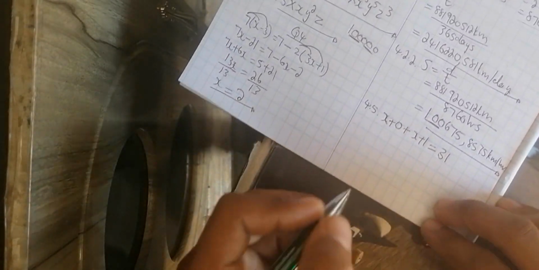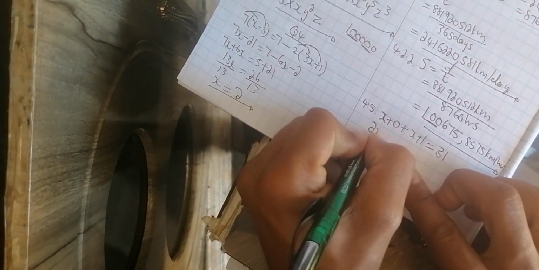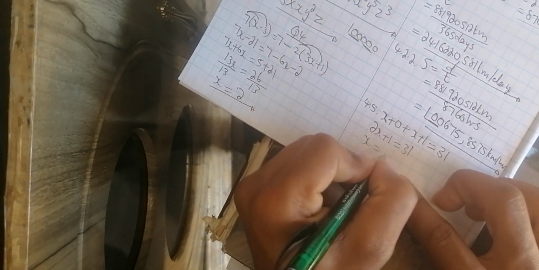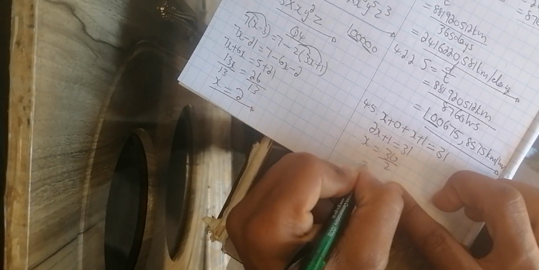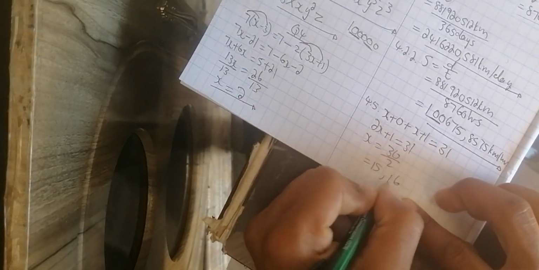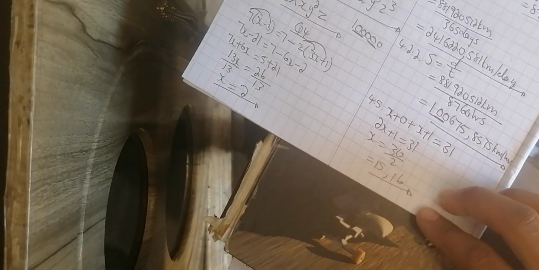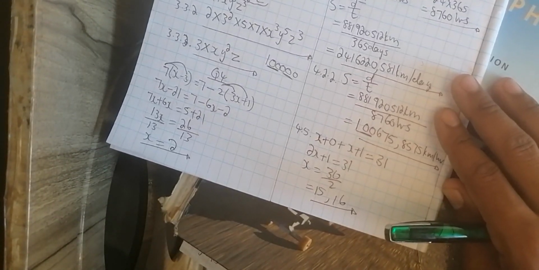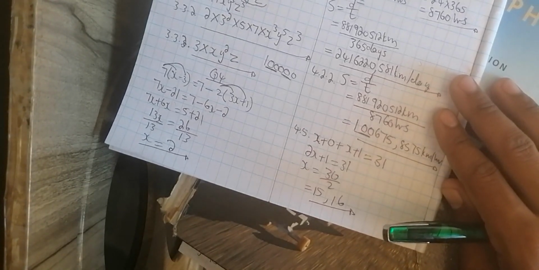So that would be 2x plus 1 equals 31, and then x equals 30 divided by 2, which is 15. The first one is 15 and the second one is 16. Now I'm going to pause this here and we will continue in part 2.